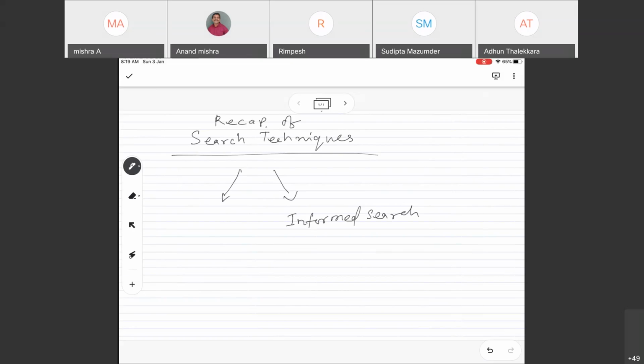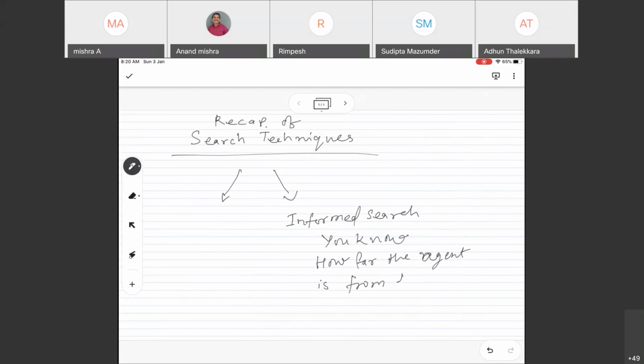What do you mean by informed search? At every state, you are really sure about where the goal is, how far from the goal the agent is.